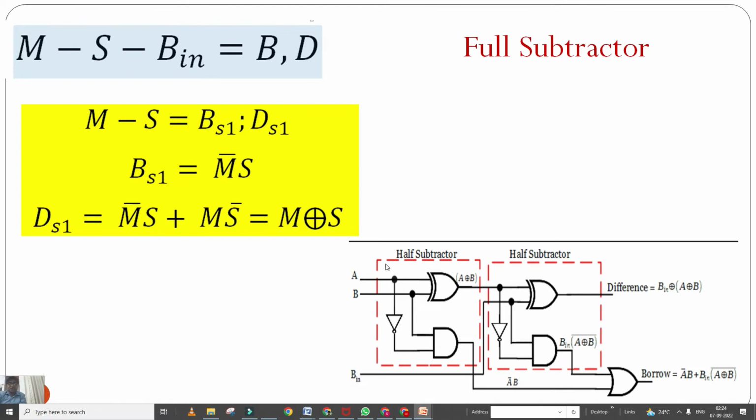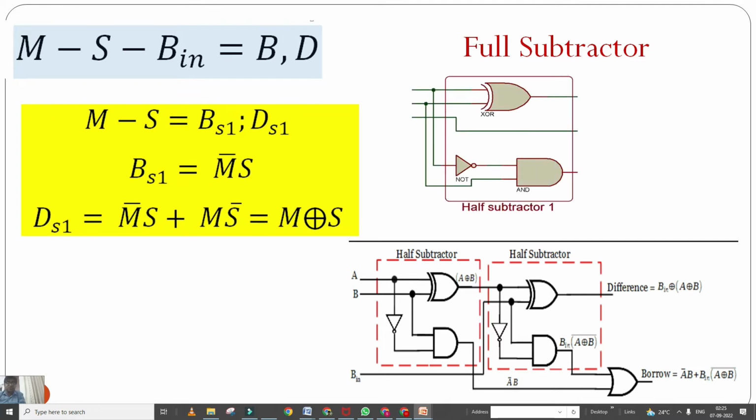So this is the half subtractor which we have already performed. Go through this half subtractor. Now this half subtractor is used also here. Why?